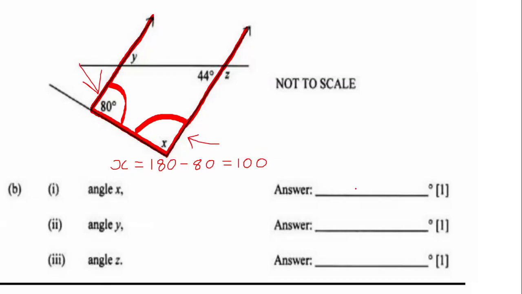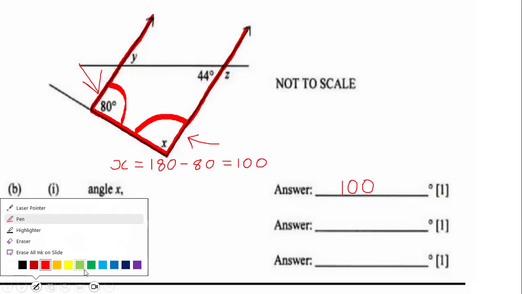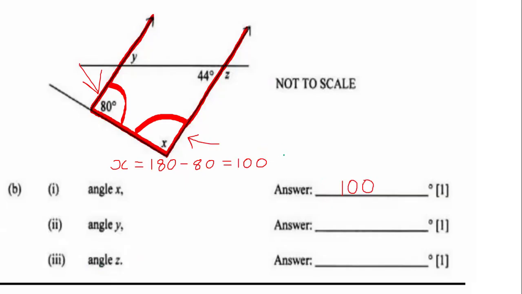So it's 100 degrees. Do you understand how we got X? How do we get X? 180 subtract 80. Very good. Why did we subtract from 180? Not because it's on a straight line. What rule do we use?